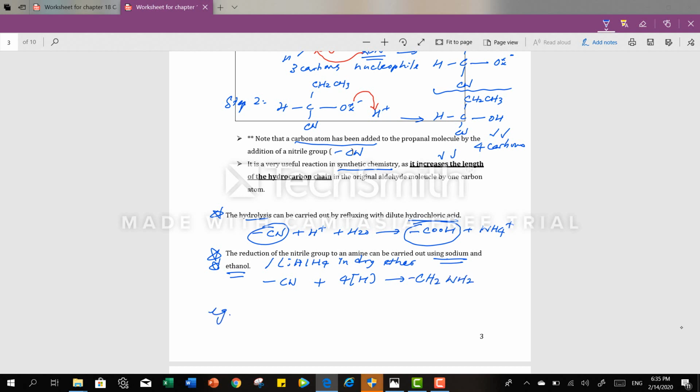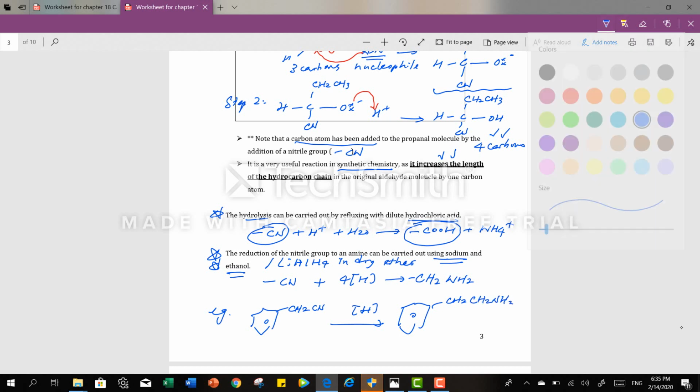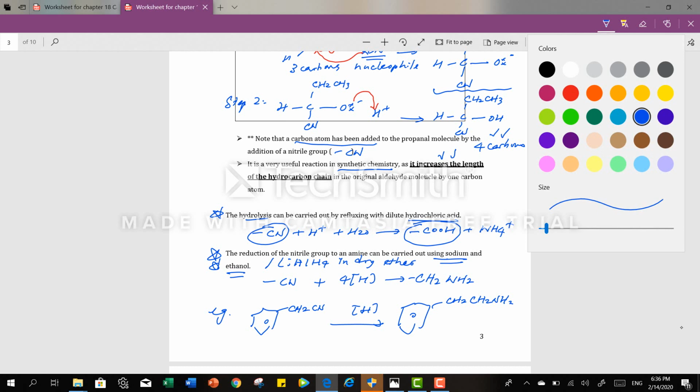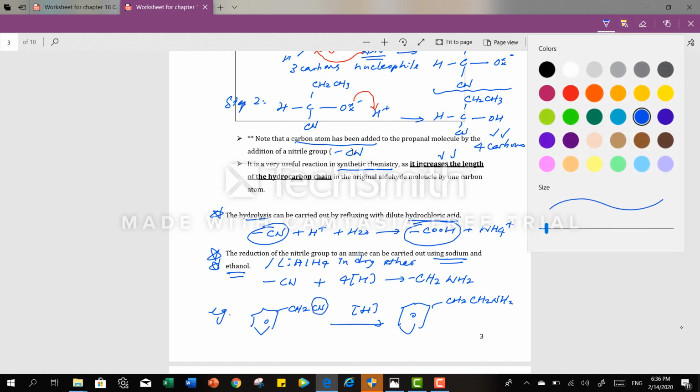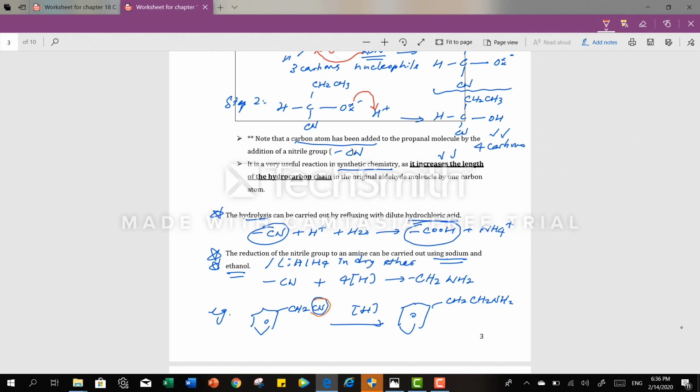For example, if you have something like that, okay, after reduction, it will become CH2NH2, remember. So look at here, this group becomes this group, okay? So don't mix the carbon at the front, okay?